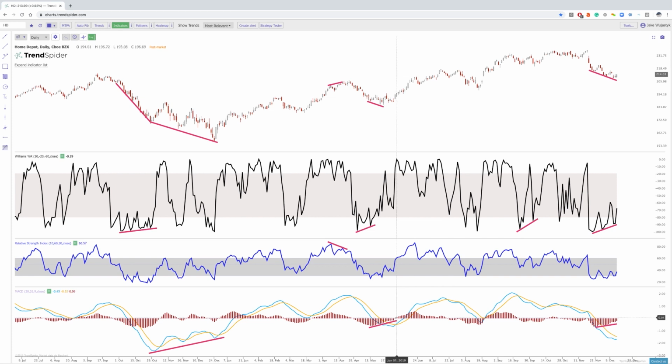So what we can see here is the histogram really starts to move to the upside from this May 14th low here, and then you can see price finds a new low as well. But notice that this is a little different, right? The price hits these areas intraday at a low, but notice that these actually close at a higher price here.